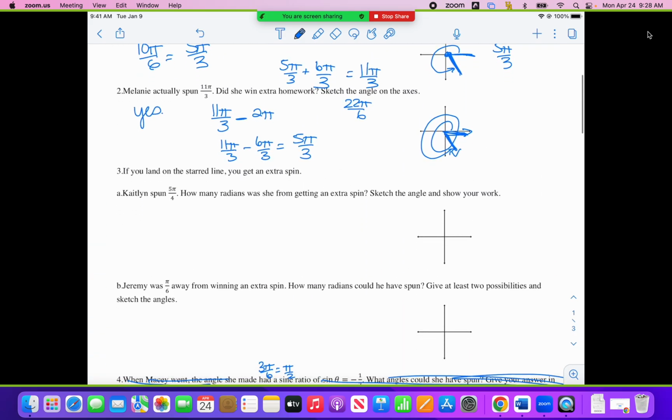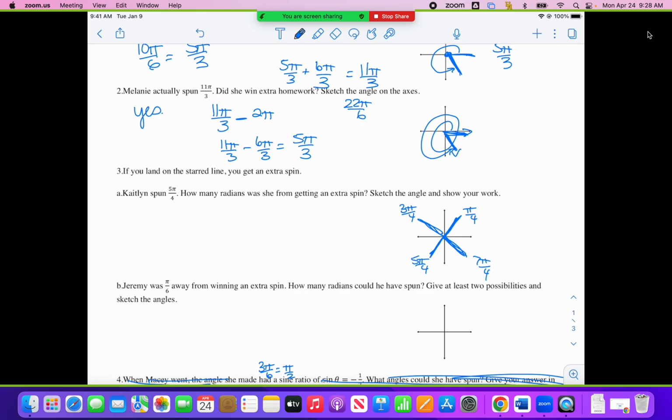Okay, here, wait. Do you remember? This is pi over 4. We did this on Friday. This one was 3 pi over 4. This is 5 pi over 4. And 7 pi over 4. Do you remember? And then we did 2 pi over 4 was 90, but we reduce. 4 pi over 4 was pi, and we reduce.